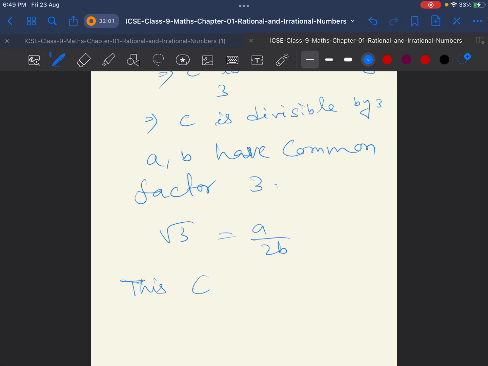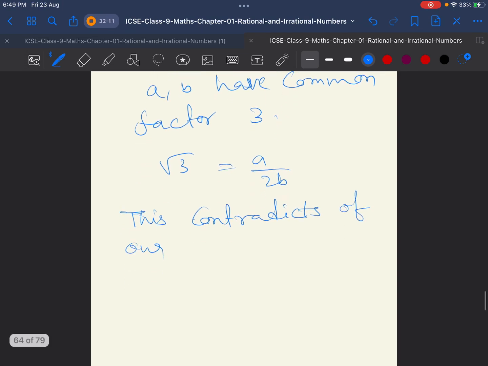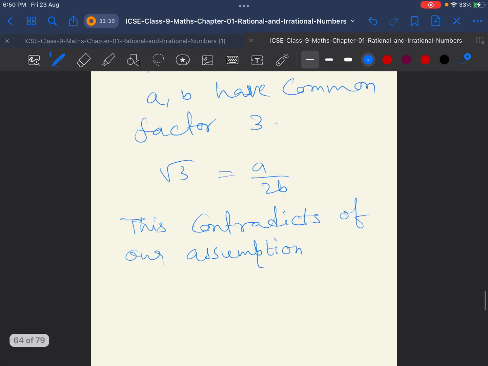Okay, so this contradicts our assumption. We assumed that a by 2b is a rational number, that means root 3 is a rational number, so our assumption is wrong.